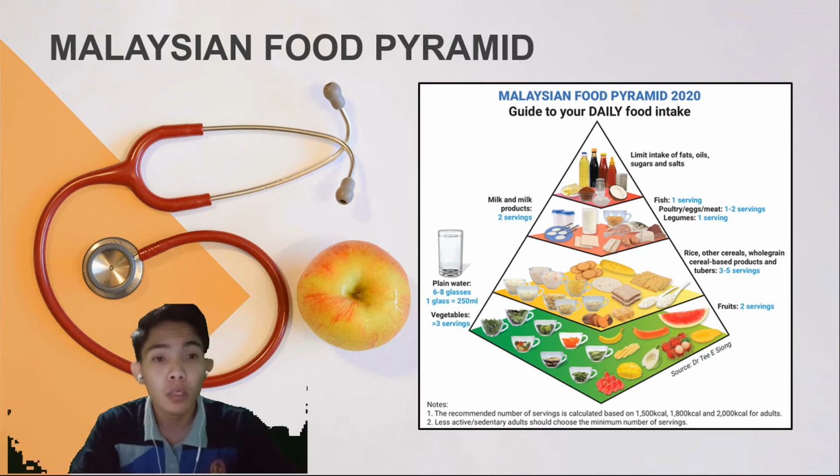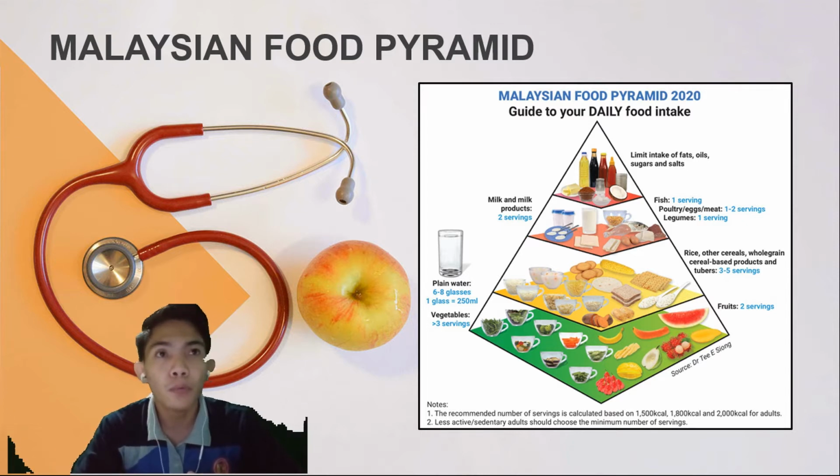From the bottom to the top of the food pyramid, the size of each food group becomes smaller, indicating that an individual should eat more of the food at the base of the pyramid and less of the food at the top of the pyramid. For example, consume milk and milk products every day, one of the most complete of all foods, containing nearly all the constituents of nutritional importance to humans.